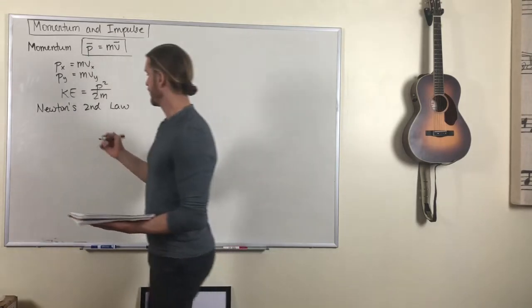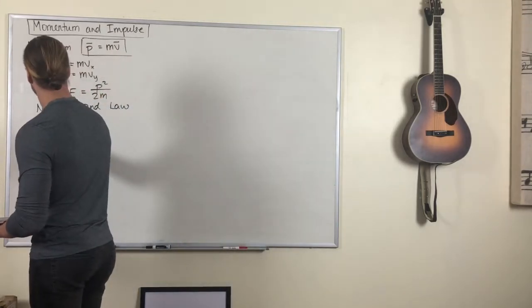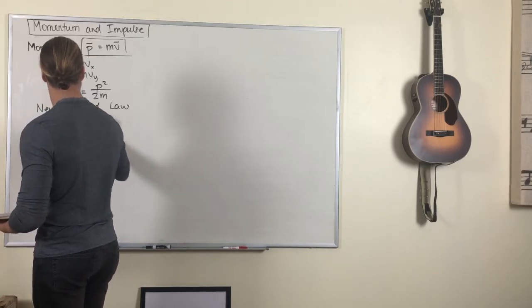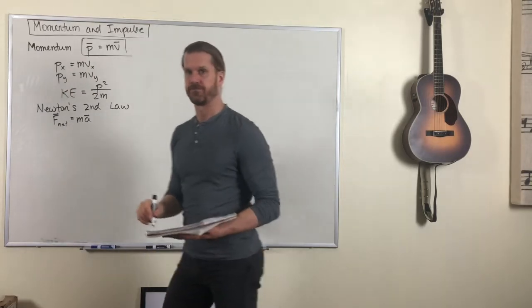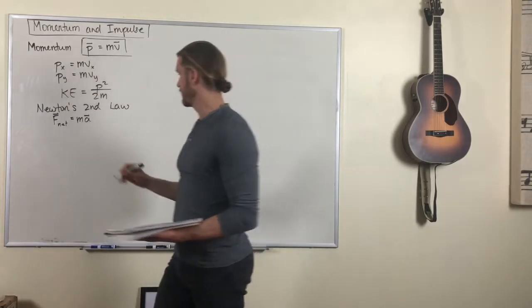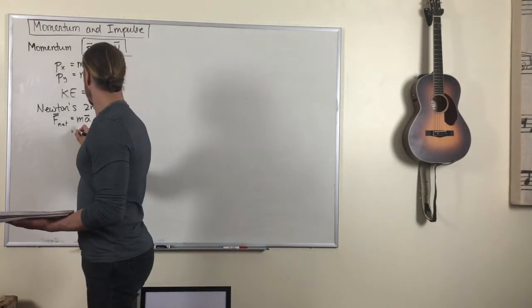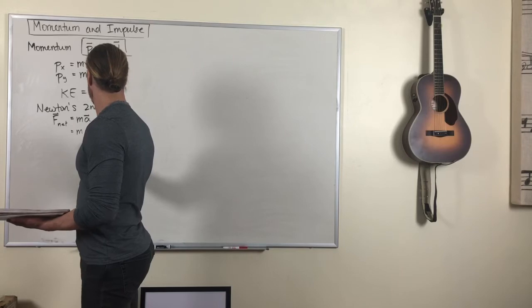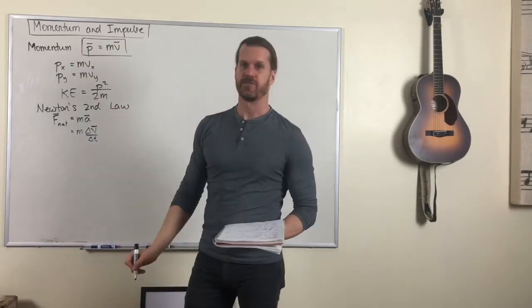We know Newton's second law as the sum of the forces, or the net force, on an object equals mass times acceleration. In our kinematics unit, we learned that acceleration is the change in velocity divided by the change in time.